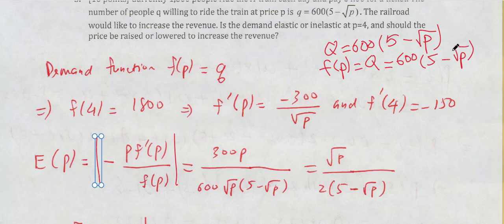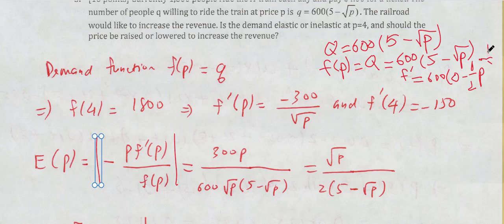Now we want to find f prime of p first. So f prime of p means finding the derivative function of this guy right here, and the constant 600 stays as 600 outside. Now using the power rule on the inside function, when we take the derivative of 5, which is a constant, that becomes 0. And then this is the power of 1/2 due to the square root, so bring down a 1/2, then p, subtract 1 from 1/2, which is minus 1/2.